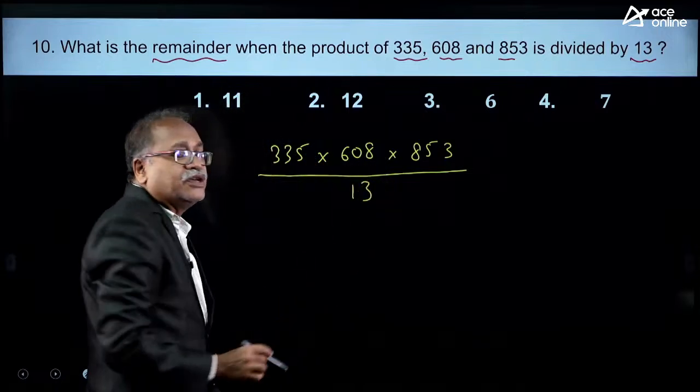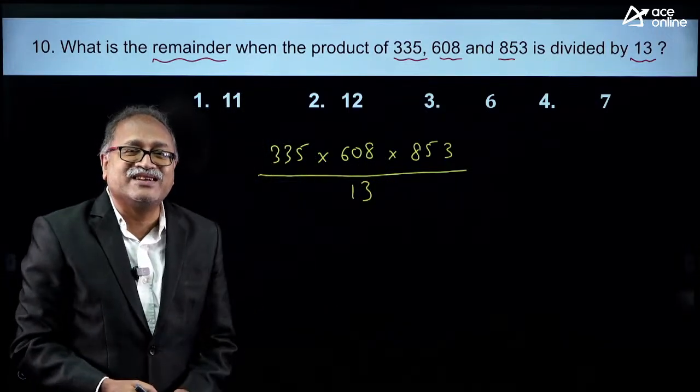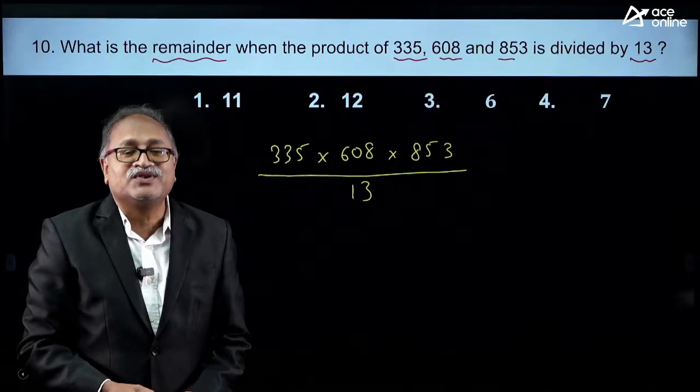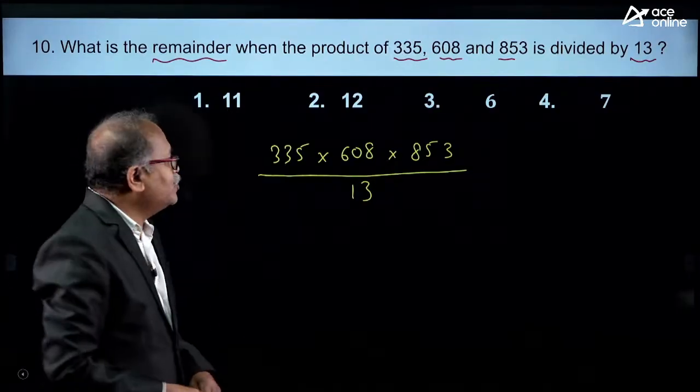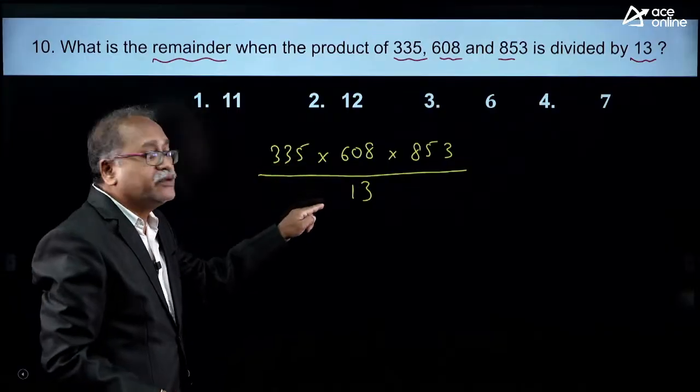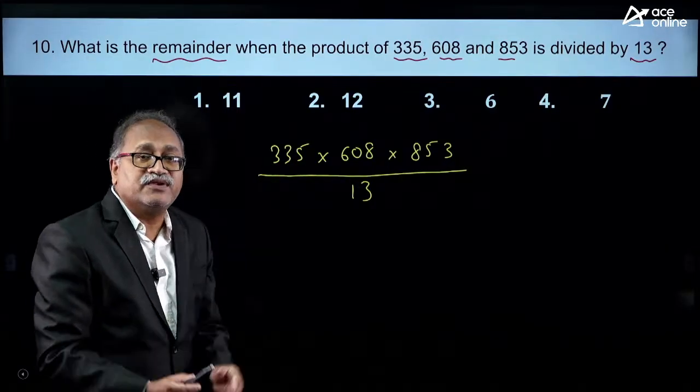Are you going to multiply the whole numbers? There are 3 numbers, and all the 3 numbers are 3-digit numbers. So, I will recommend not to multiply here. Divide this 335 by 13 and see what remainder comes.